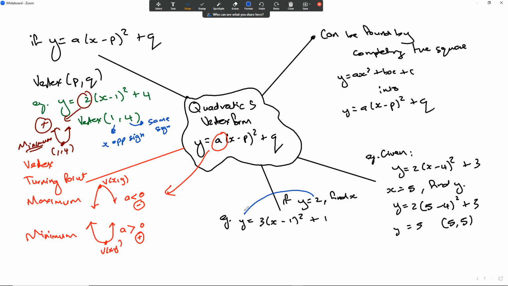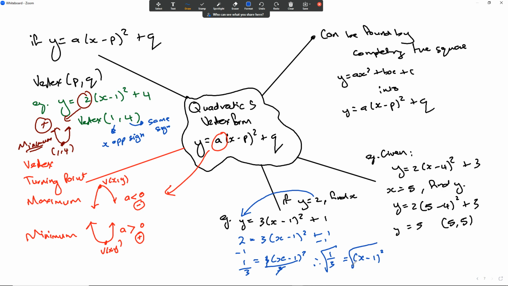Then that 2 goes in there, leaving me with 2 equals 3(x minus 1) squared plus 1. Now we subtract 1 on both sides. We get 1 equals 3(x minus 1) squared. We then divide by 3 on both sides, and so we get 1 over 3 is equal to (x minus 1) squared.